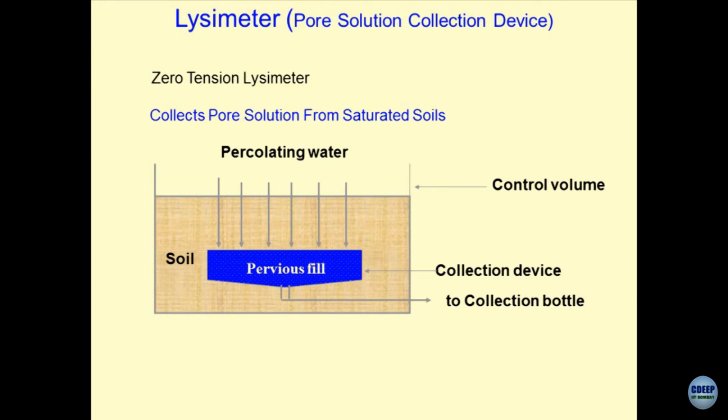You can do artificial rainfall, you can sprinkle water, sometimes you can waterlog this whole sample by flooding it, and then as and when percolation takes place, this soil which you have recompacted becomes saturated and the percolation occurs, all the pore solution gets accumulated into the pervious fills, and then you can drain it out from here to a collection bottle, and this collection bottle is similar to the one which normally nurses use for storing your blood sample. We call them as vials, they also call them vials, alright.